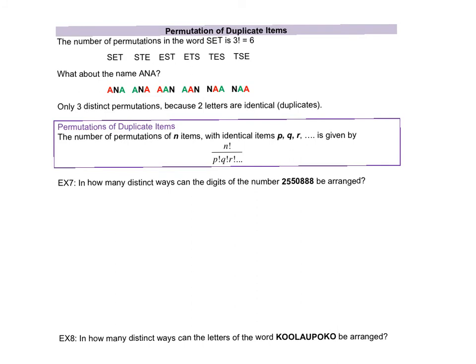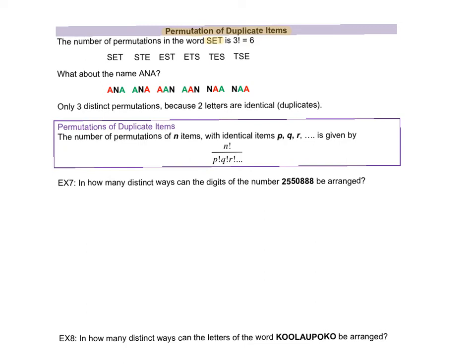The last formula we're going to talk about in permutations, remember we're working with one group and we're looking at how we can arrange the items in the group, is what we call a permutation of duplicate items. It could happen that you have a group where you have duplication, or items that are the same. For example, let's say I have the word SET, and I look at the three letters S-E-T as my group.